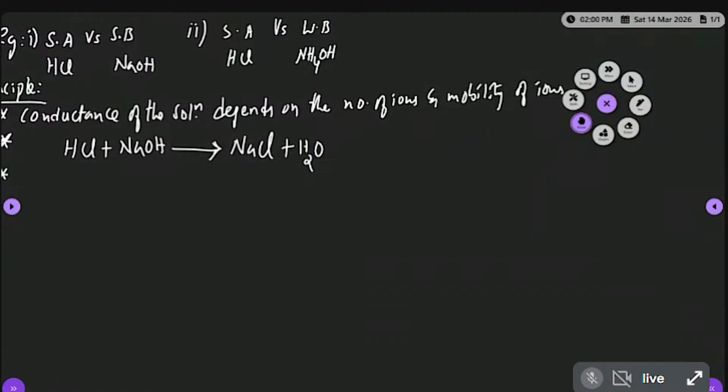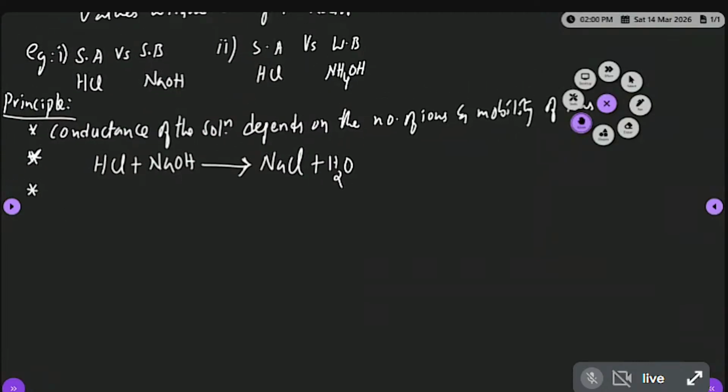And one more, here the mobility of H plus ion is also very high. Why? Because it has less gram molecular weight. What is the gram molecular weight of hydrogen atom? 1.